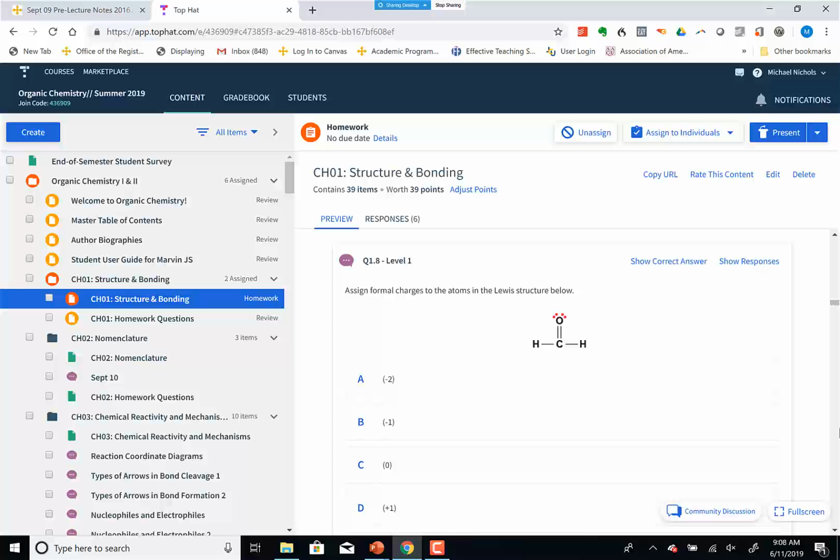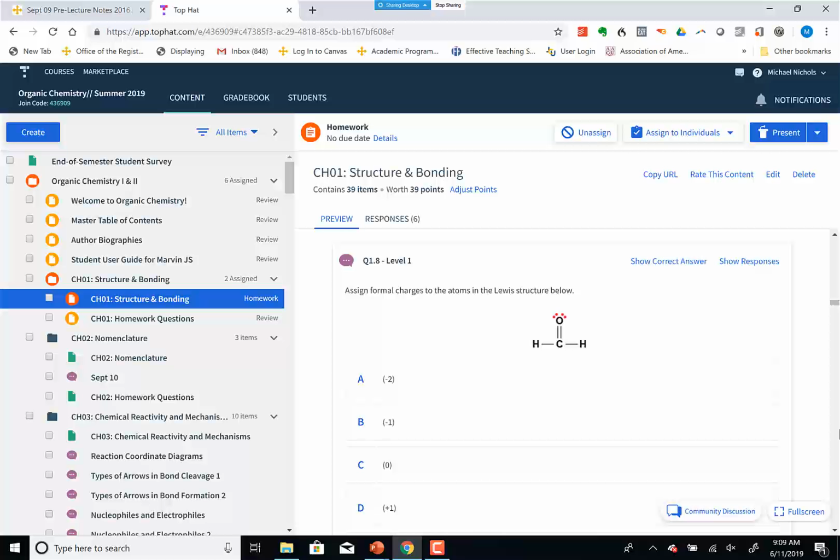By the end of the week, meaning Friday, I would like you to have all the problems in chapter 1 done. That may be the case for chapter 2 as well, since we start that tomorrow. But normally, I would ask you to do those problems as you do the reading for that day, and then we can start with questions like this.